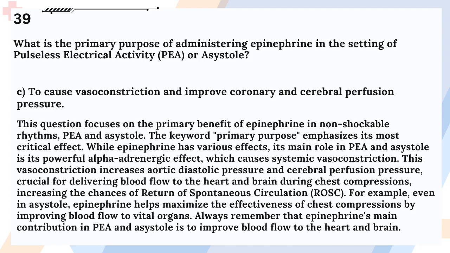While epinephrine has various effects, its main role in PEA and asystole is its powerful alpha-adrenergic effect, which causes systemic vasoconstriction. This vasoconstriction increases aortic diastolic pressure and cerebral perfusion pressure, crucial for delivering blood flow to the heart and brain during chest compressions, increasing the chances of return of spontaneous circulation, ROSC.